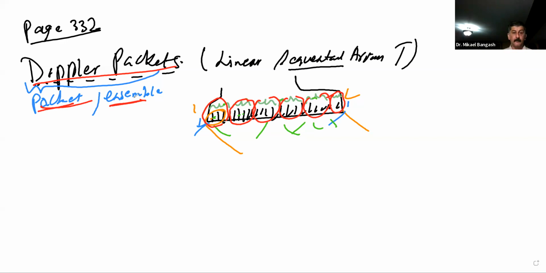Where it's going to be a group of pulses. A group of pulses, and that group of pulses is going to be known as, well, I guess I'll say, a packet, that will record the Doppler.